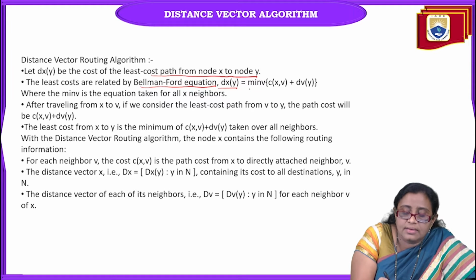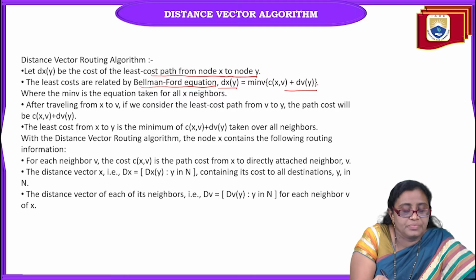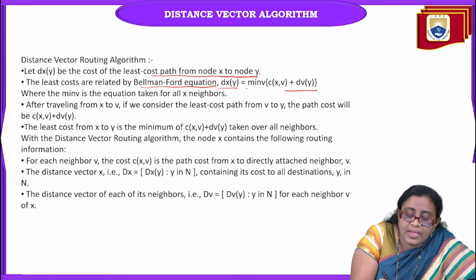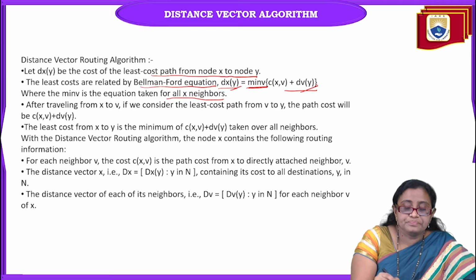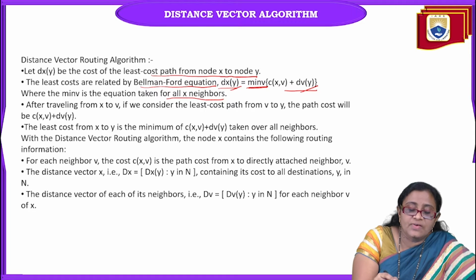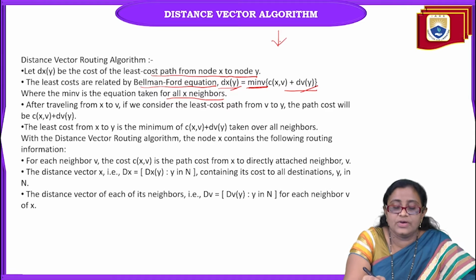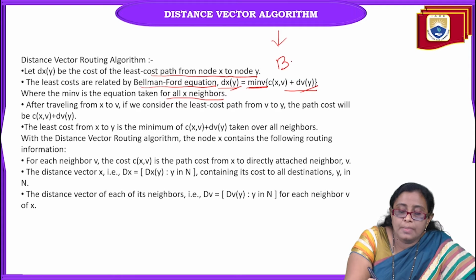dx(y) = min over v of {c(x,v) + dv(y)}, where the minimum is taken over all neighbors, using dx(y) and dv(y). Here, one point to notice: the other name for the distance vector algorithm is Bellman-Ford.